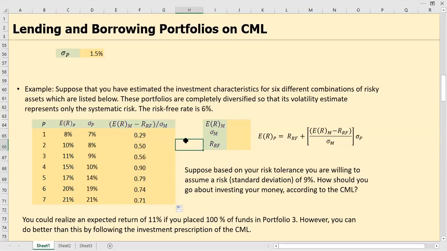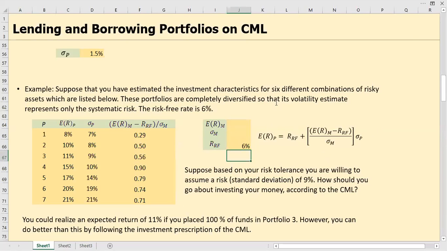Now the main thing you can do is to identify the market portfolio here. The risk-free rate we already know, that is 6%. Now, how are we going to identify the market portfolio here?